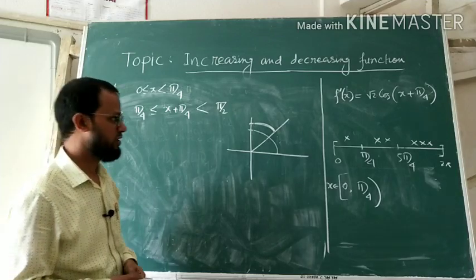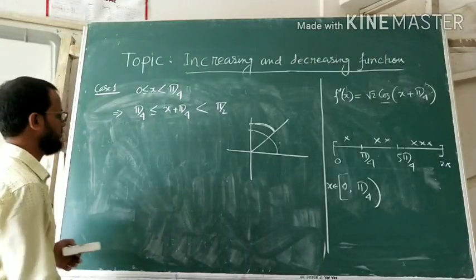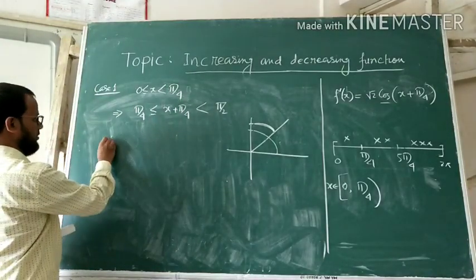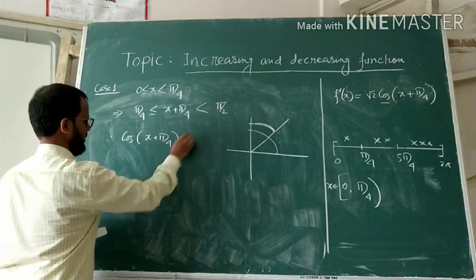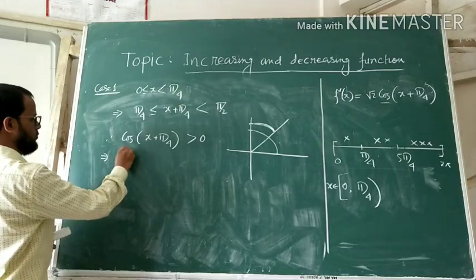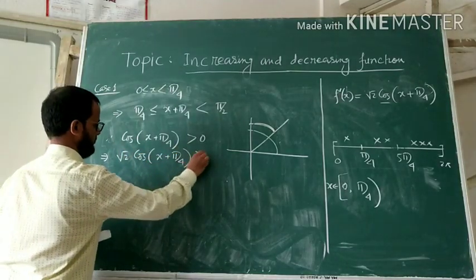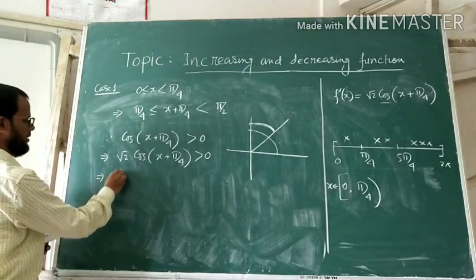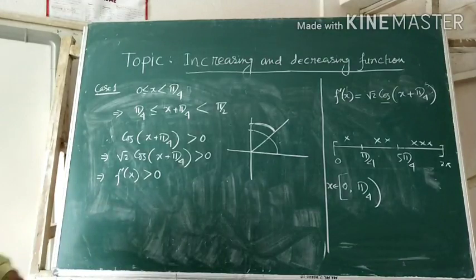And in the first quadrant we know that cos is positive. Cos of any angle is positive. Therefore, cos of x plus pi by 4 is greater than 0, and if you multiply with root 2, it is again positive.